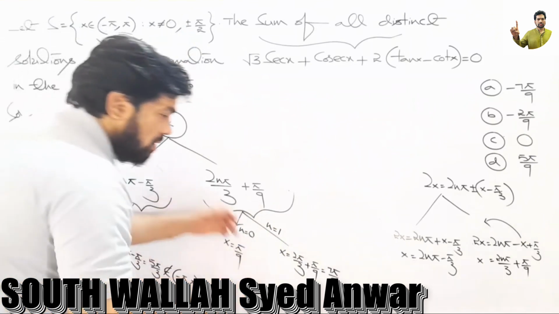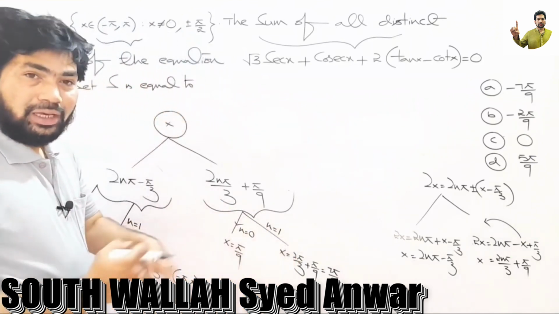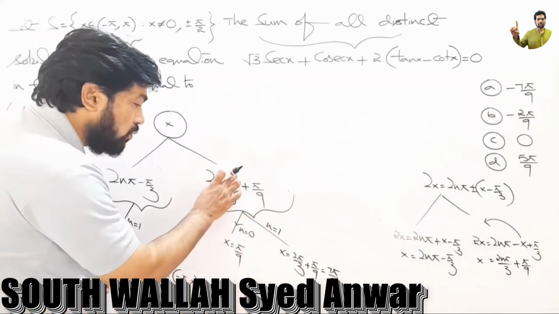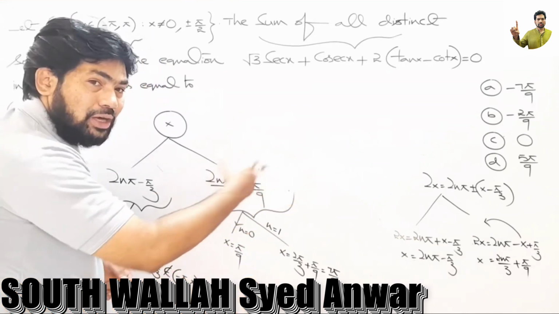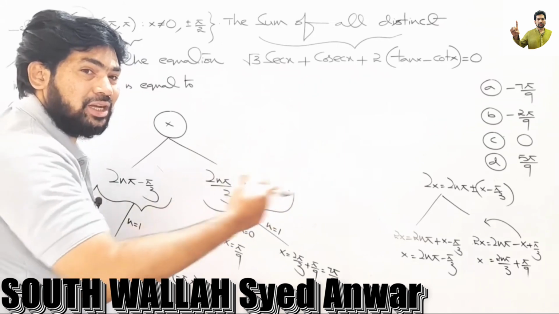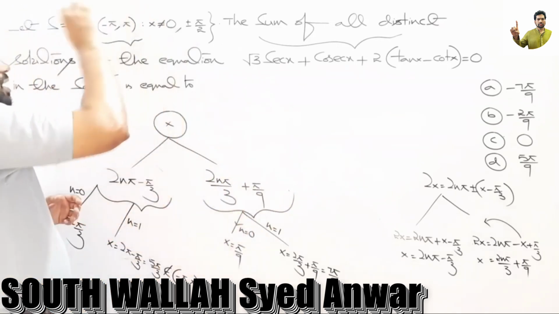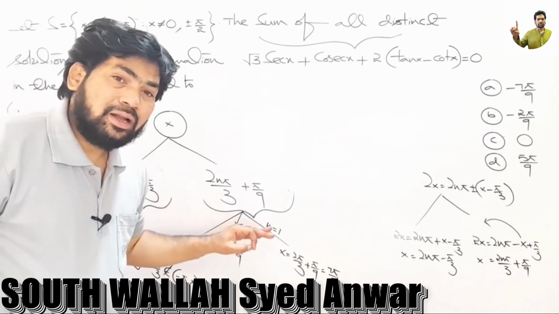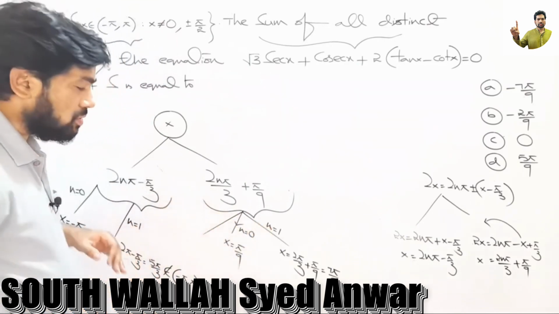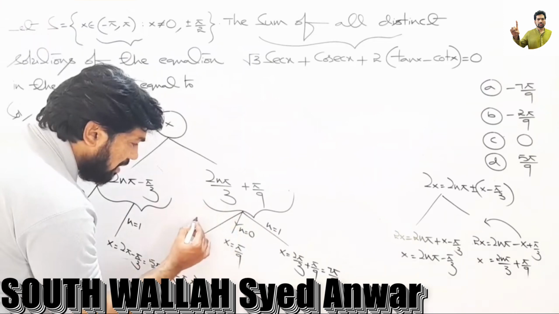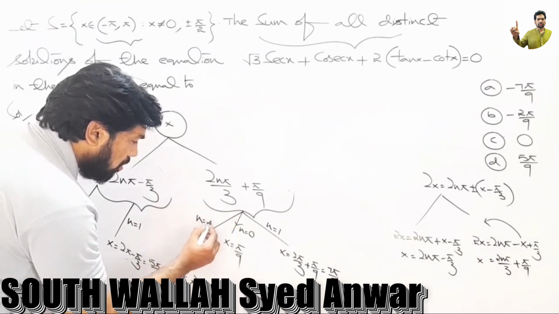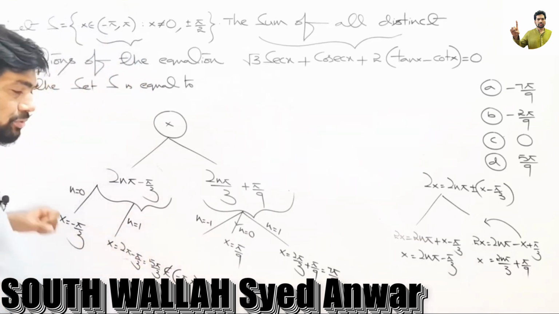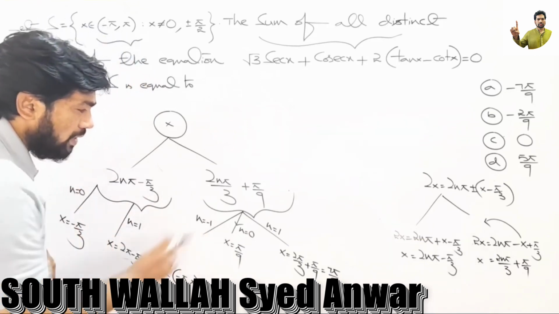Next, if I write in place of n 2, then it is going to become 240 plus 20, that means 260. 260 is not lying in this interval. Now let me check for negative values. In place of n, I would like to give negative values here. Put n is equal to minus 1.